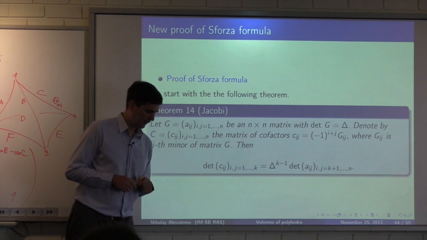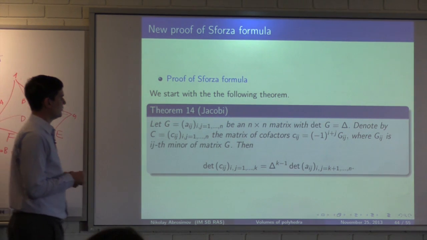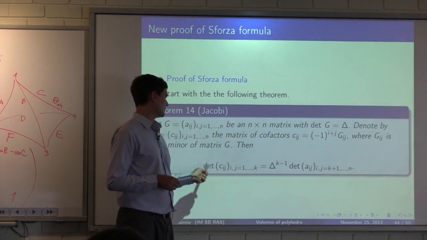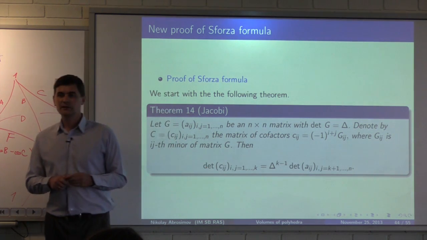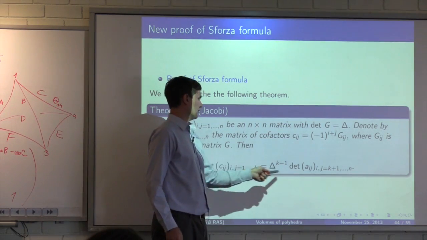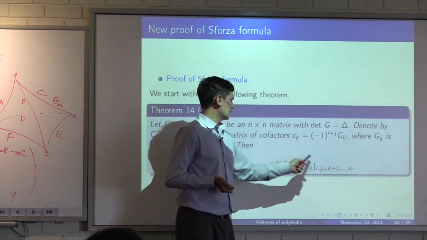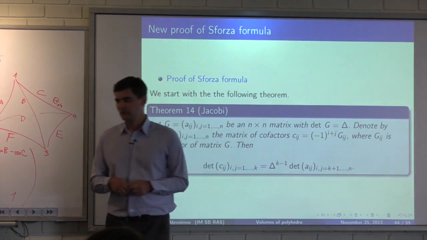It relates the determinant of the matrix of cofactors for any square matrix with the determinant of this square matrix and the determinant of the corresponding minor of this matrix.